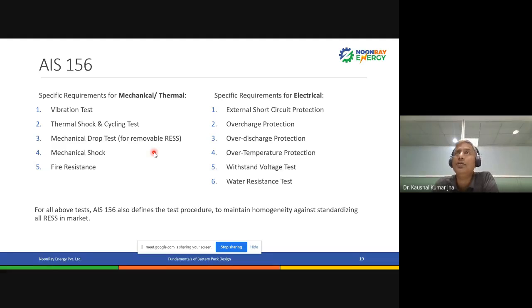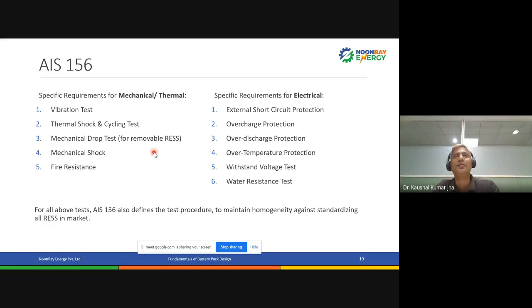It's free. You can download it from the ARAI website, and you'll understand what the tests required there are. And this is why this test has been done, to standardize. A battery pack made by manufacturer A, or manufacturer B, or manufacturer C would certainly withstand all these road conditions for these many cycles.